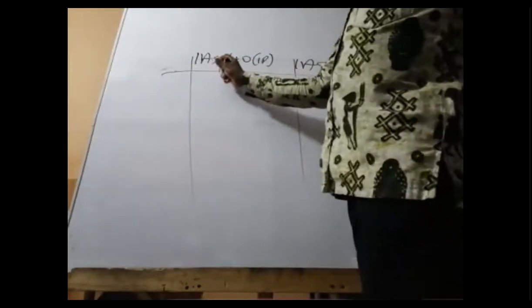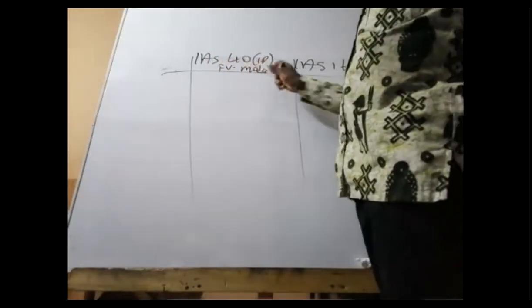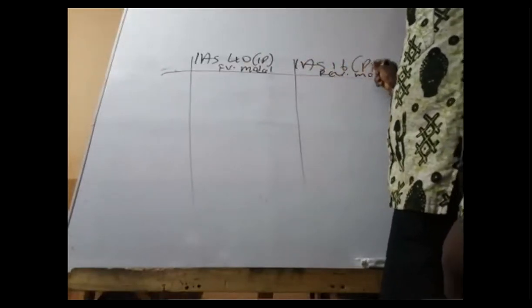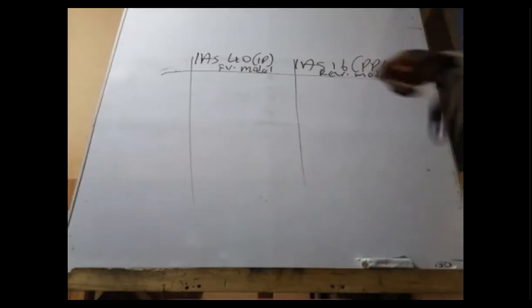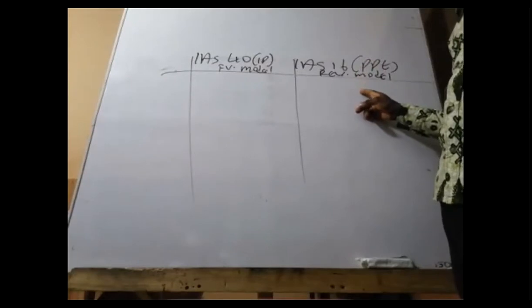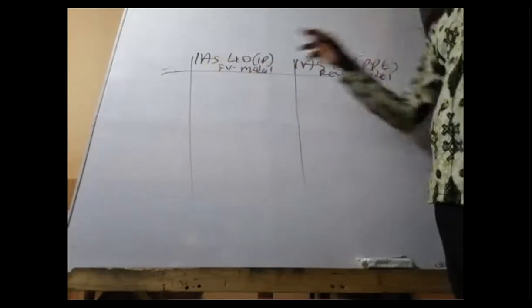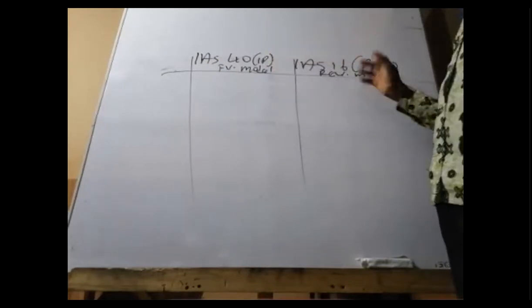This I will call fair value model, and this revaluation model. Please, if the examiner asks you to find the differences, don't come and tell us that one is called fair value model, one is called revaluation model. If you do that, minus one. One is IAS 40, one is IAS 16, one is called investment property, one is called PPE. No, please. We don't want that.